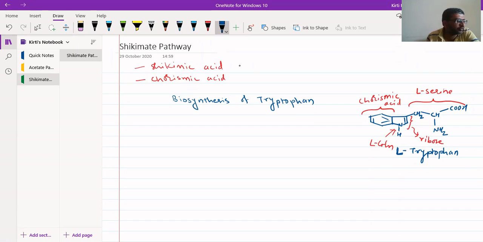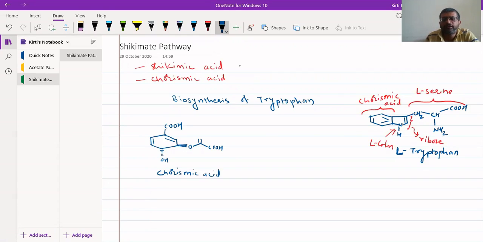Chorismic acid structure, we have seen it in our yesterday's lecture. Here will be a dotted OH, and here we have an O with a phenol acid, and here we have a COOH group. So this becomes our chorismic acid.